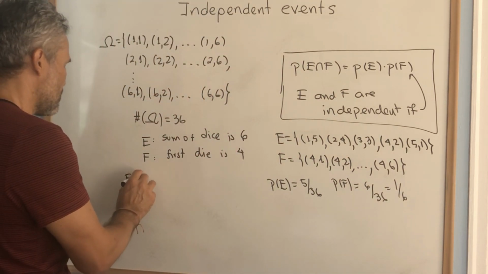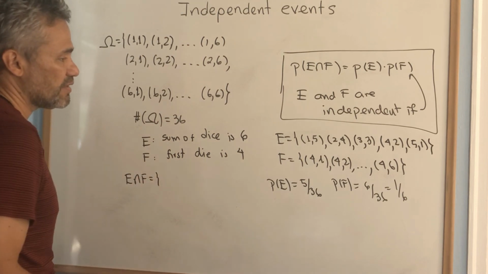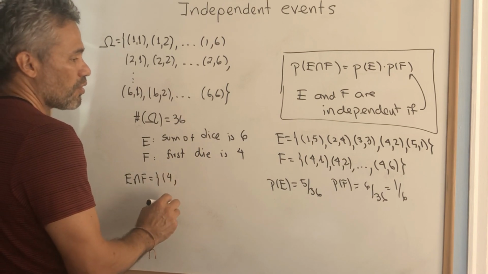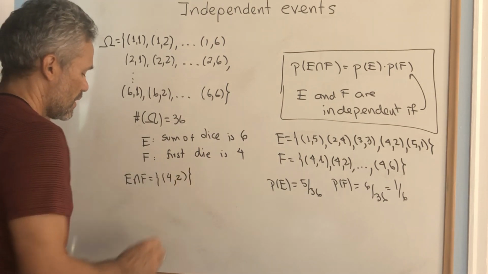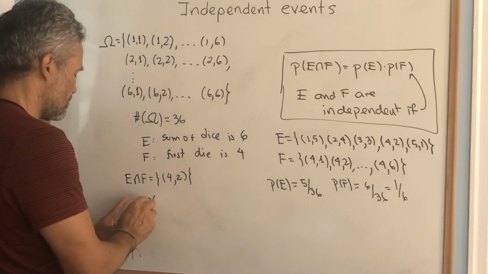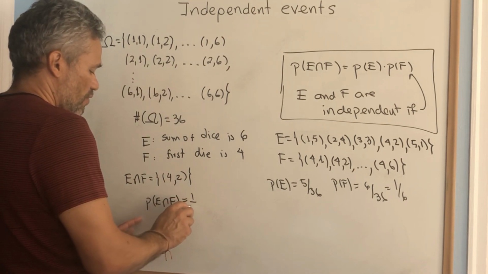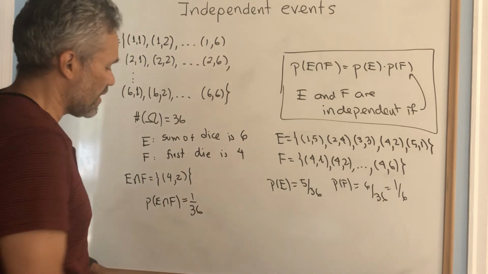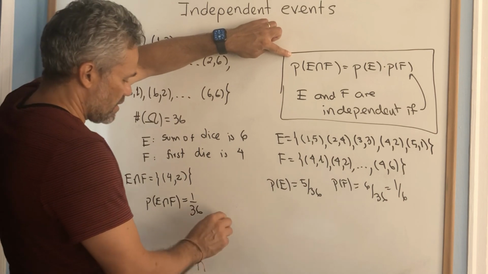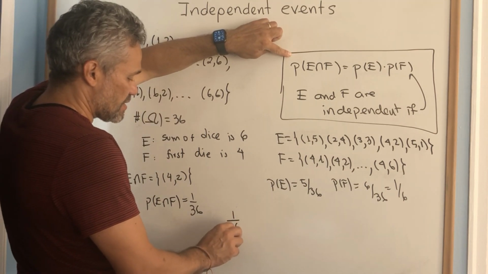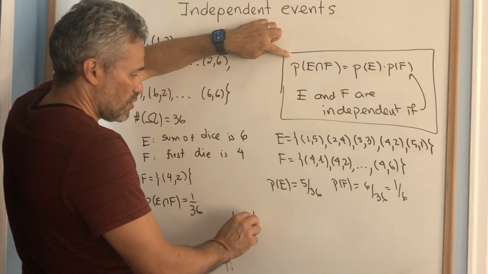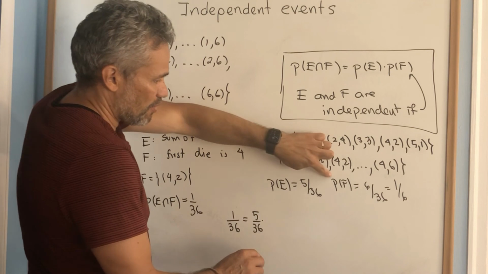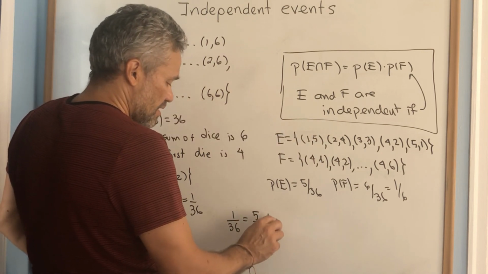And let's see the intersection. E intersection with F is the event 4,2. Then the probability of the intersection is 1/36. Now, to see if the events are independent, we need to check this formula. Then the question is: is 1/36 equal to 5 over 36, the probability of E, times the probability of F, 1/6?